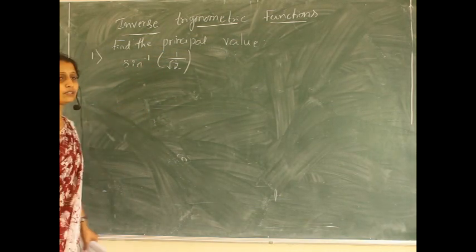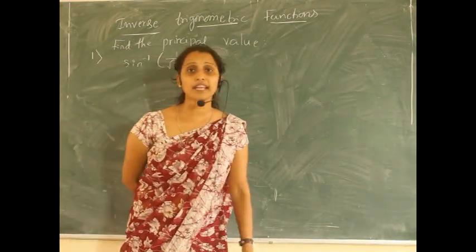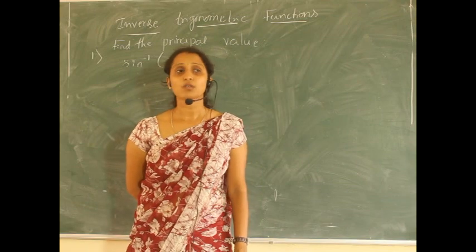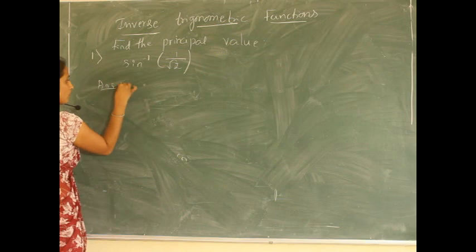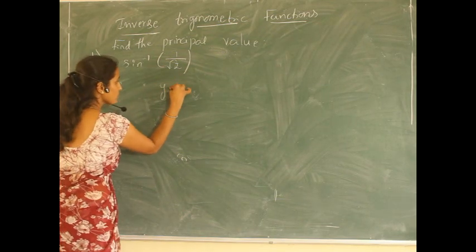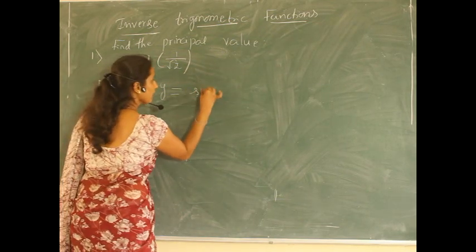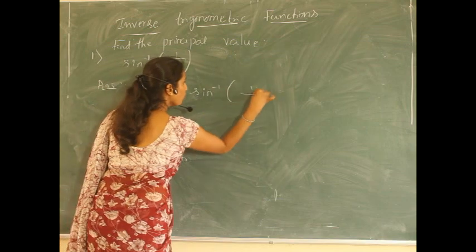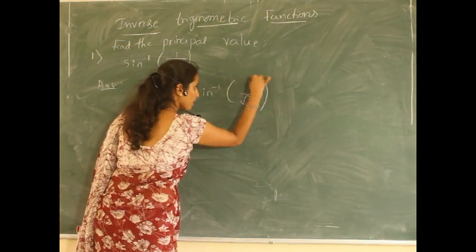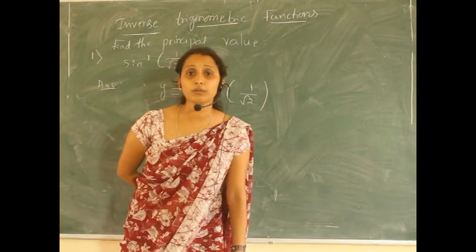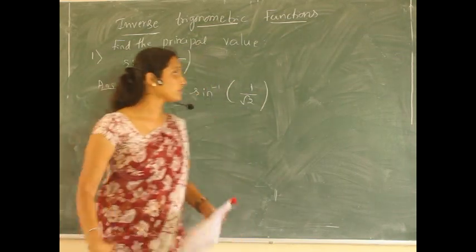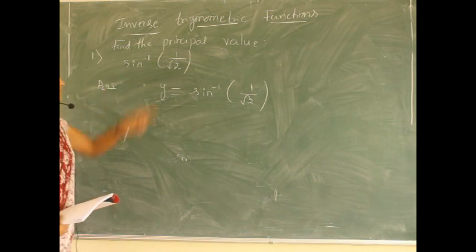We have to find out the principal value, that means the range of the inverse trigonometric function. For that, consider the given value as y. y is equal to sine inverse of 1 by root 2. We have taken the given value as y because we wanted to find out the value of sine inverse of 1 by root 2.